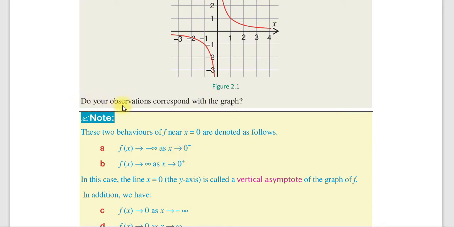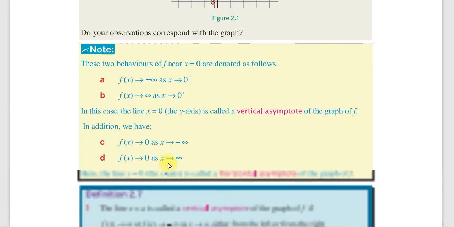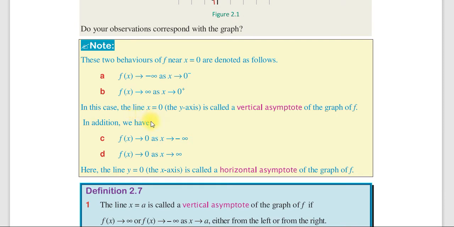Do you observe the correspondence with the graph? These are notes taken from the graph. In this case, the line x equals 0, or simply the y-axis, is called the vertical asymptote of the graph of f. In addition, we have f of x approaches 0 as x approaches negative infinity, and f of x approaches 0 as x approaches positive infinity.